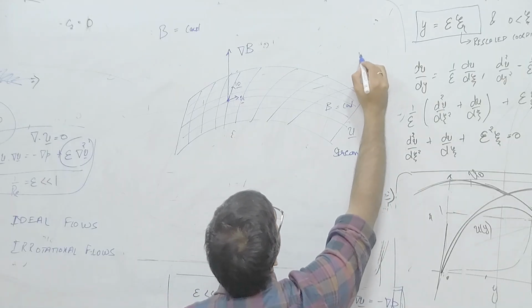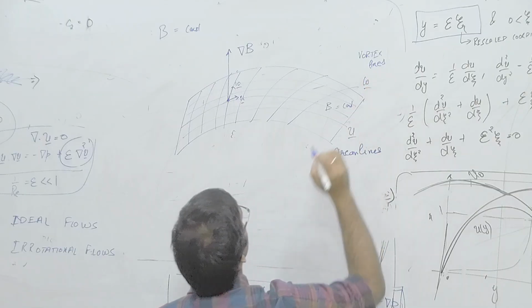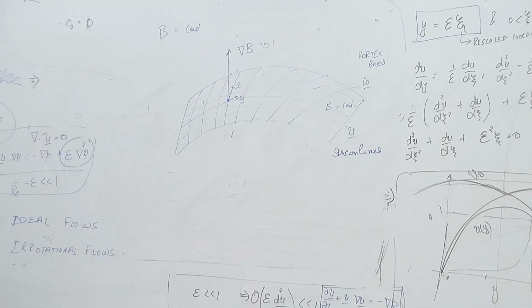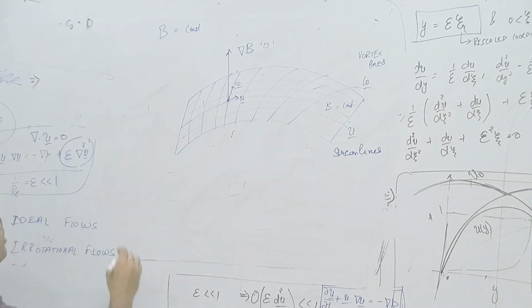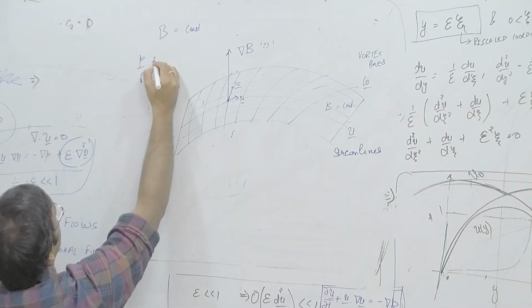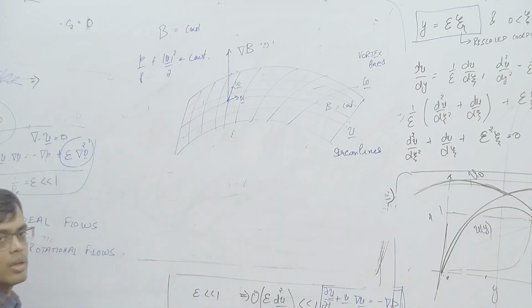And these we call vortex lines. So on the surface formed by vortex lines and streamlines, we have b equals constant, or p by rho plus mod u square by 2 equals constant, which is the Bernoulli's equation.